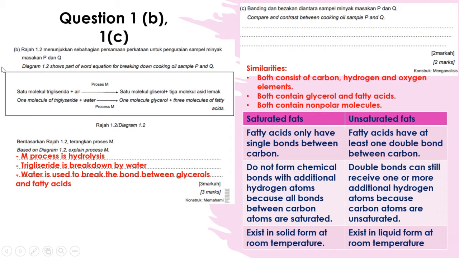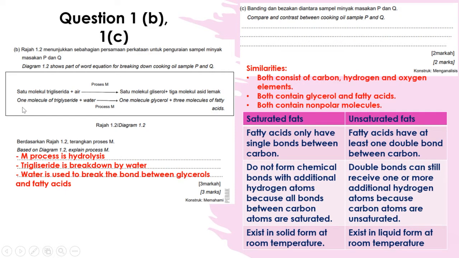Now we go to question 1B. Diagram 1.2 shows part of the word equation for breaking down cooking oil sample P and Q. Samples P and Q refer to fats. Fats are triglycerides.